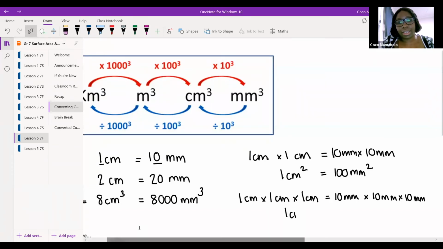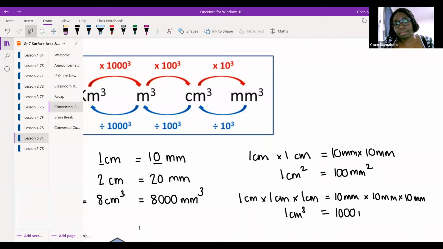Then 1 centimeter cubed is going to equal 10 times 10 times 10, which gives us 1,000 millimeters cubed. I want you guys to notice that when we convert from centimeters cubed to millimeters cubed, I add 3 zeros. Do you guys see that? I add 3 zeros.